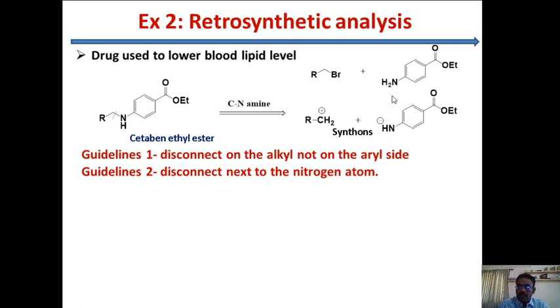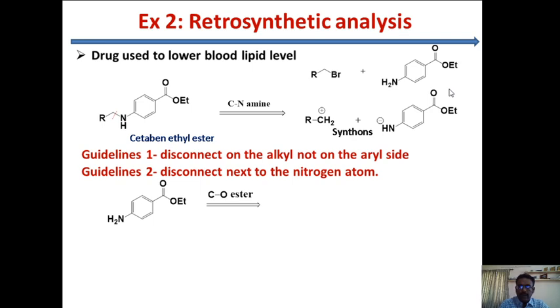You have already seen many examples, and in the last class also we tabulated the synthetic equivalents for the synthons. When you have an anion on a heteroatom, it is very easy to generate if you have the corresponding protonated compound. That means in this case we have the amine. Then you treat the amine with a base.